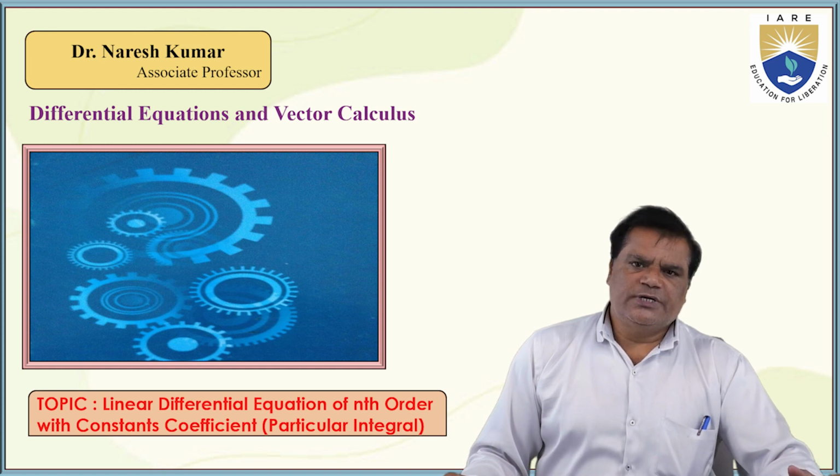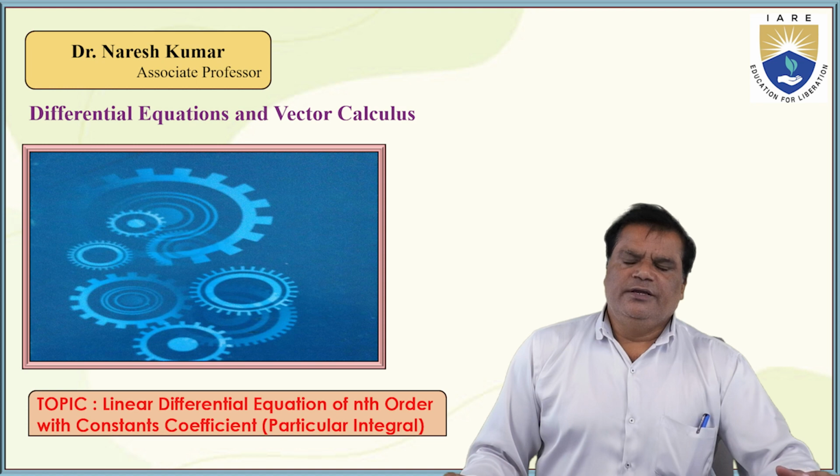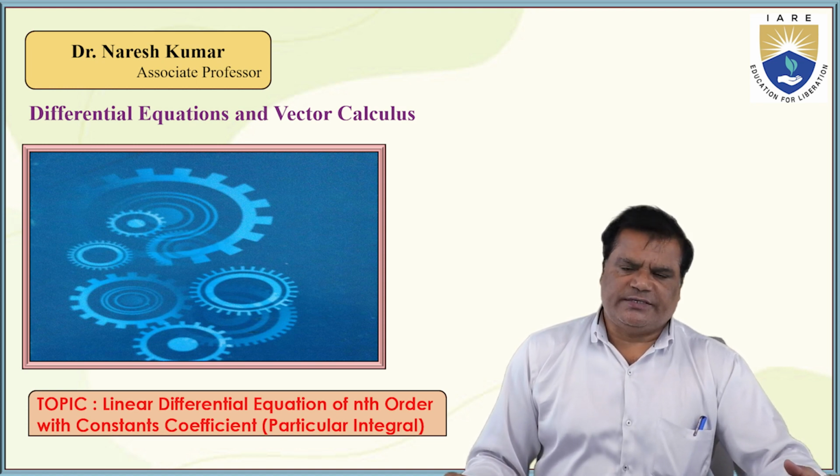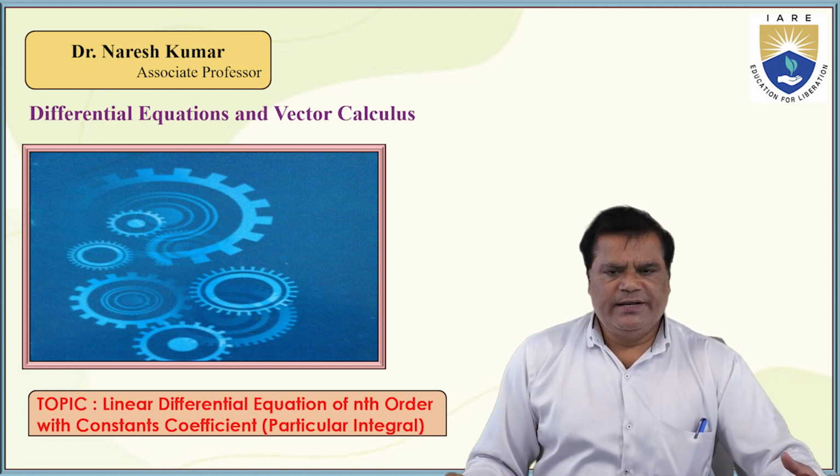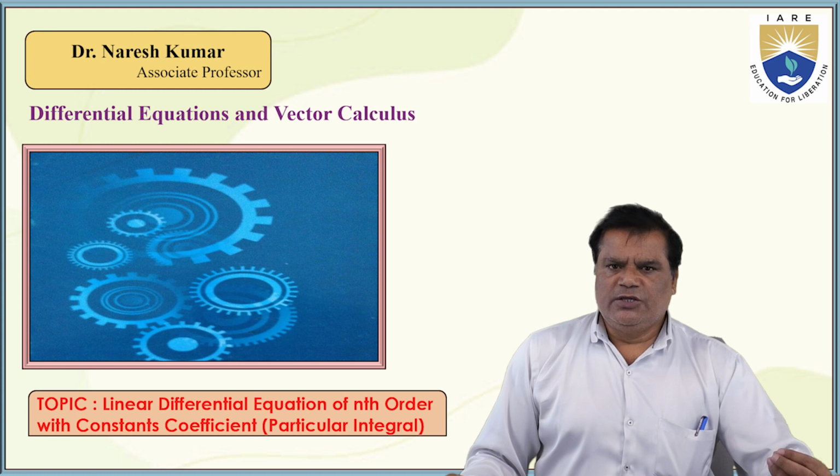In general, on the right hand side there is a function Q. Q is a general function, a function of x. X is the independent variable in our differential equation. Then Q is the function of x.